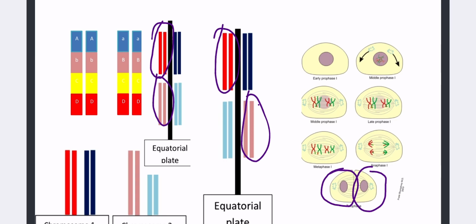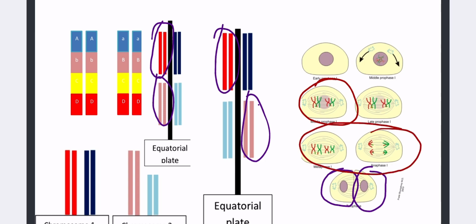So your sources of genetic variation is your crossing over happening right about here, and your independent assortment random segregation happening here.